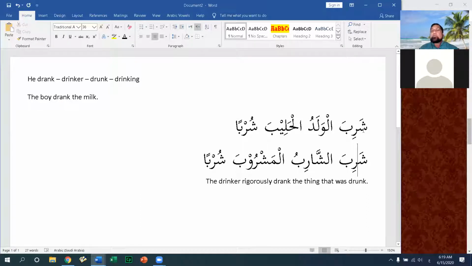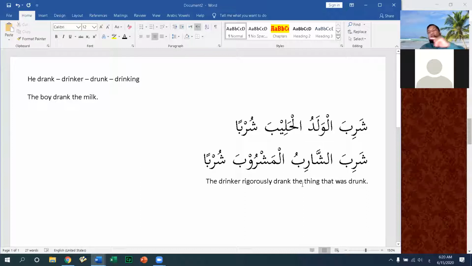So here, if we were to compare these two sentences, we're actually making sentences now. شرب الفعل. شرب is the verb. الشارب الفاعل.